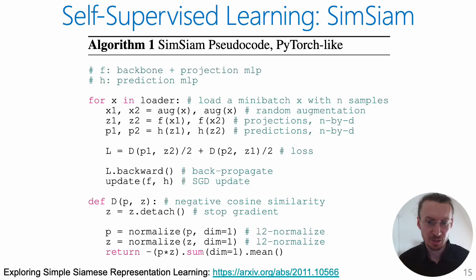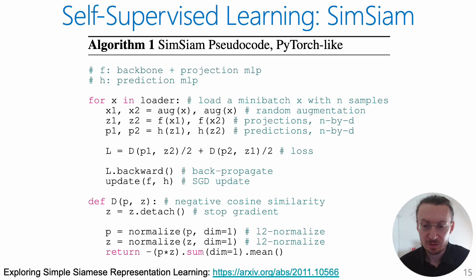So really this is the best way to fully understand how SimSiam works, and this is just pseudocode which is PyTorch-like. So we take an example input image x, we apply the augmentations to compute the views of this image, meaning x sub 1, x sub 2. We pass these views through the same encoder f to get representations z. Then we pass the representation z through the projection head h to obtain predictions p sub 1 and p sub 2.